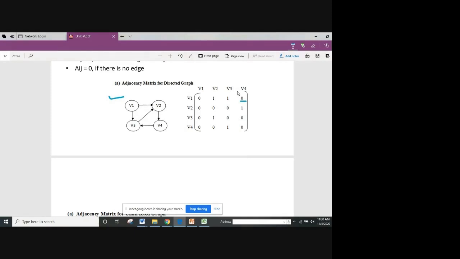If the value is 0, it is not adjacent. If it is 1, it is an adjacent vertex. So for V1, V2 and V3 are adjacent. For V2 only V4 is adjacent. For V3, V2 is adjacent. For V4, V3 is adjacent.